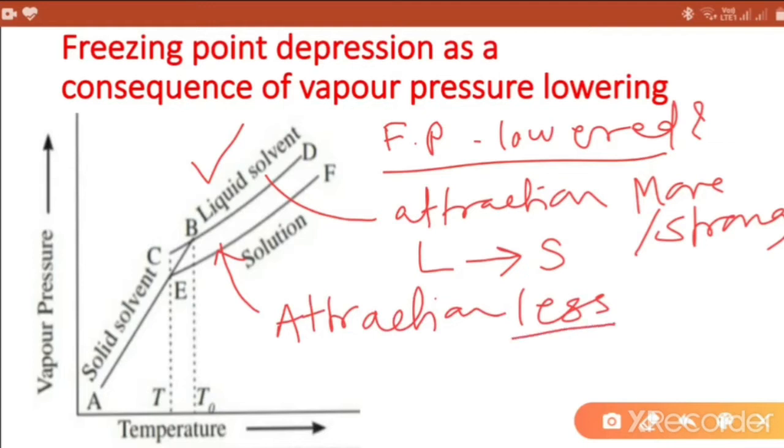So due to less attraction, or decrease in attractive forces, solution temperature is lowered to cause phase change. So freezing point of solution is less than freezing point of solvent.